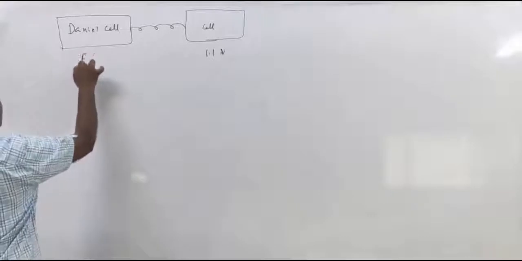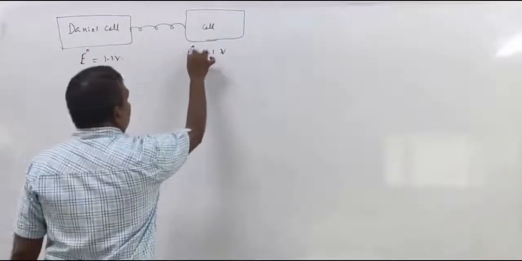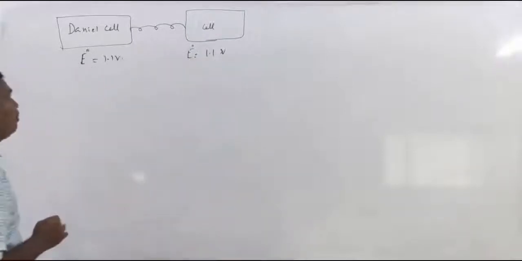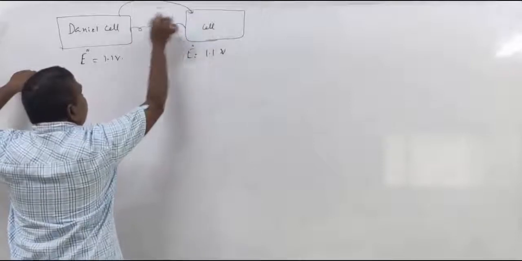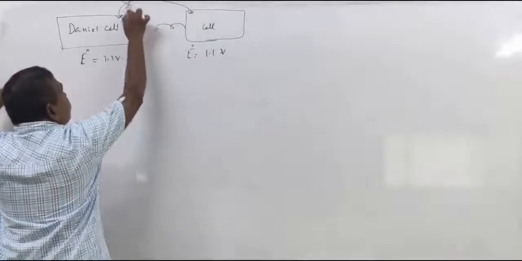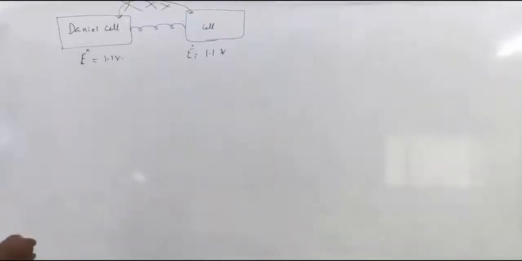This is also having the same 1.1 volt. Now, there is no flow of current between these two half cells, because they have the same potential values.